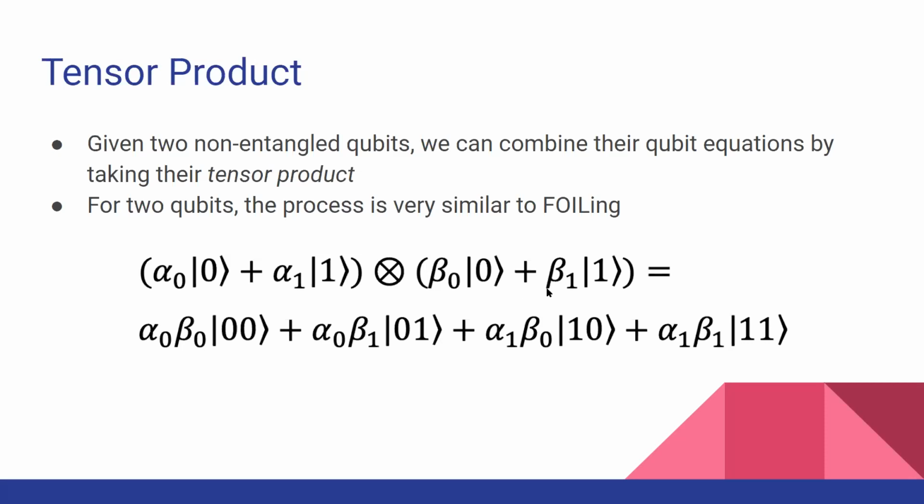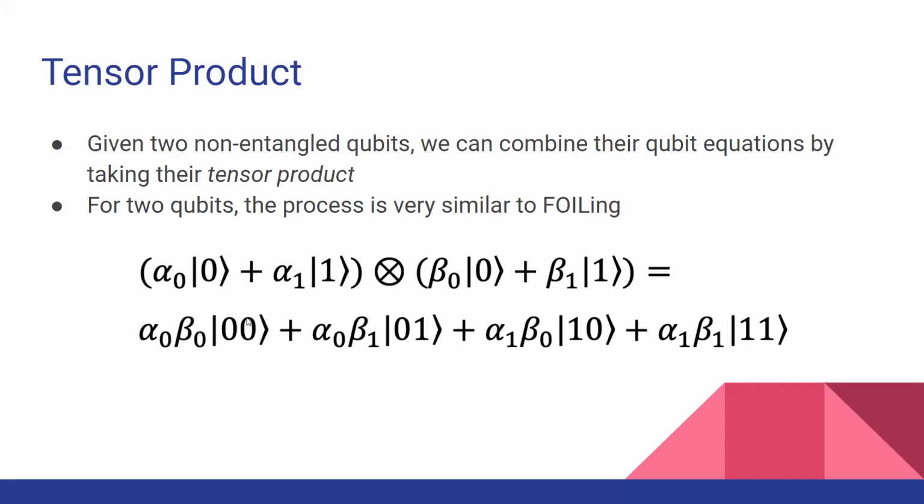and so it causes some problems. But anyway, when we're taking a tensor product of 2 qubits, you can almost think of this as foiling. Think about how you do that for a quadratic equation, right? It's firsts, then we do the outer, inner, and then the last.